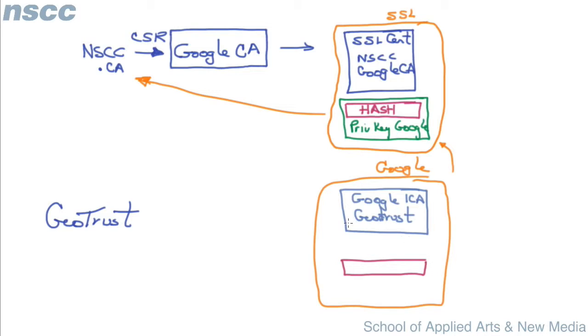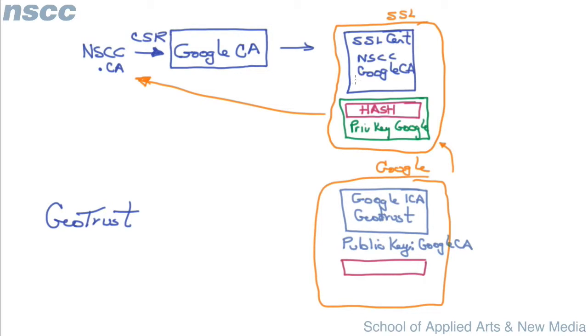Now, all certificates contain the public key for the entity that the certificate is from. So this is going to have the public key of Google, that intermediate CA.